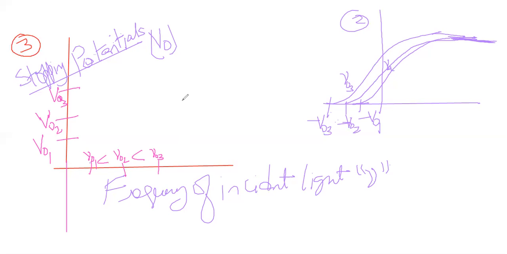So now when you plot these graphs, you get straight lines like this, like this.